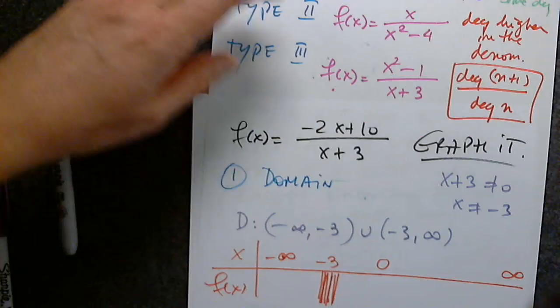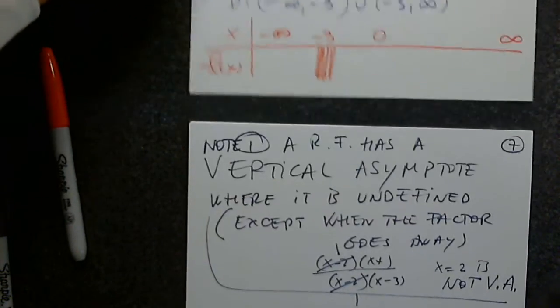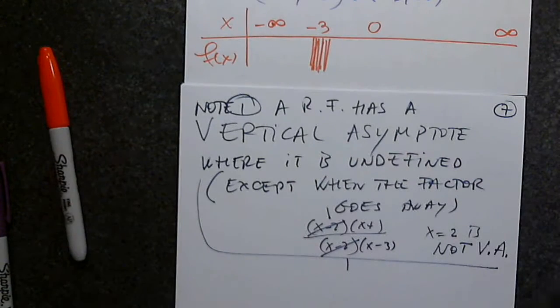Yes? I'm sorry, what is that word? Yes. So I have not explained what it is. I only wanted to write the note first. So when a rational function is undefined, in this case it's undefined at negative 3, there is a vertical asymptote. A vertical asymptote x equals negative 3 that the function cannot cross because the function does not exist at negative 3.